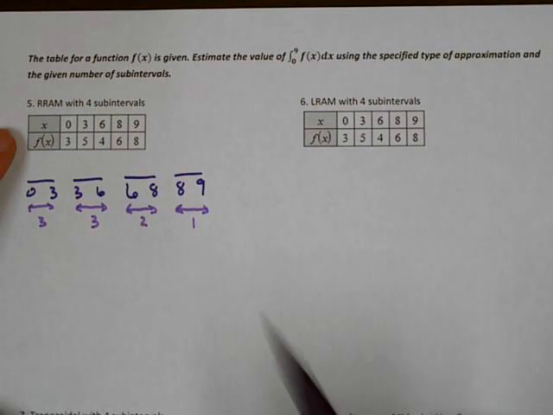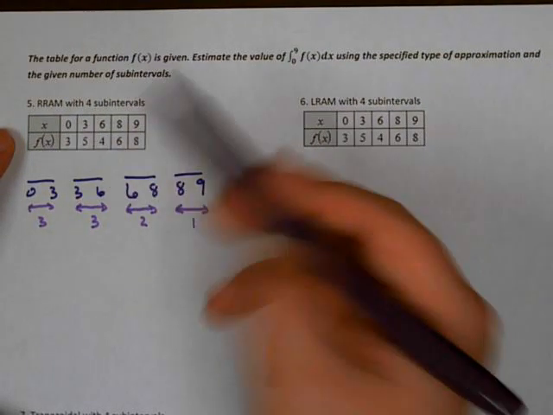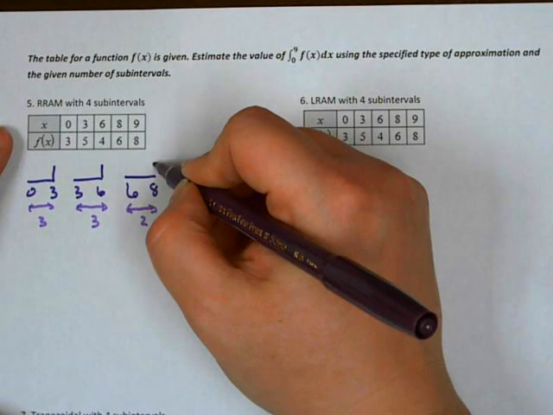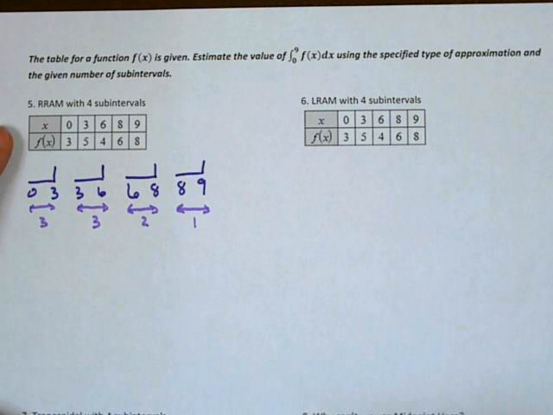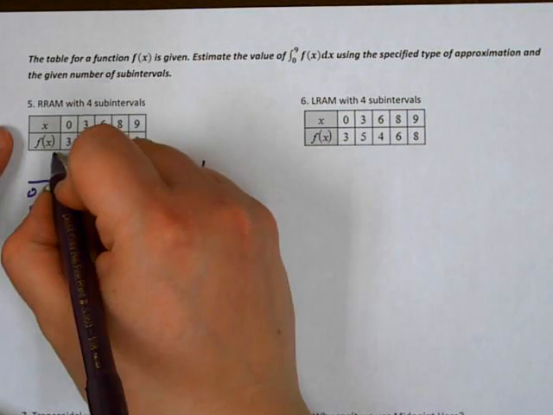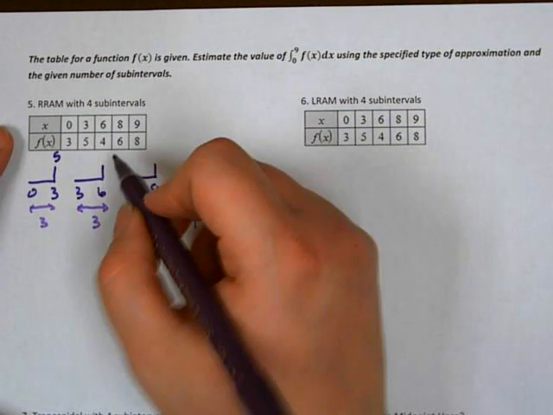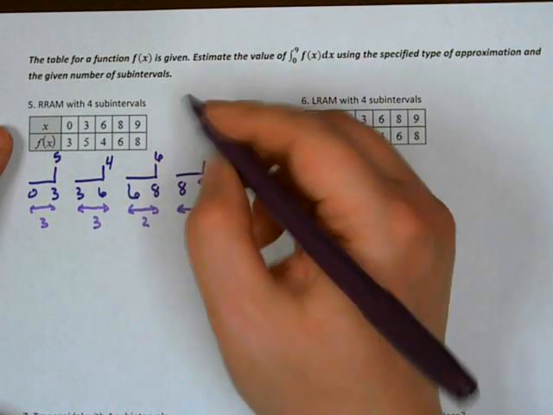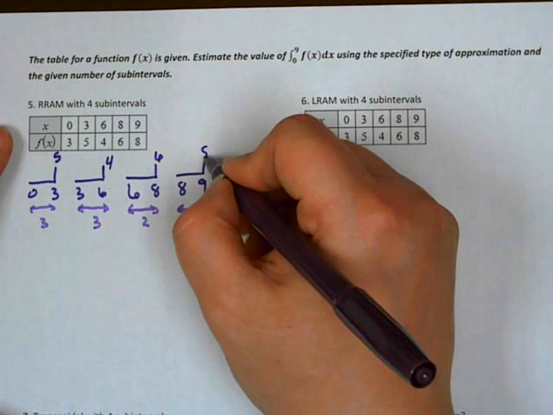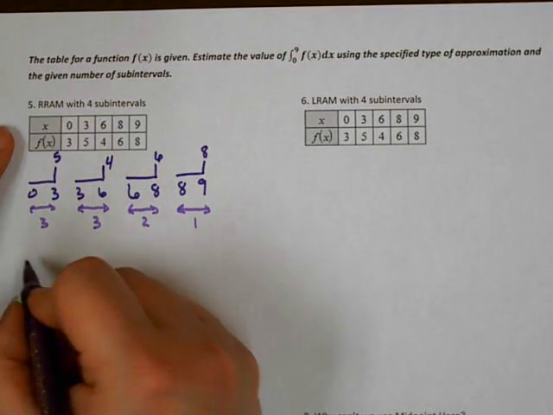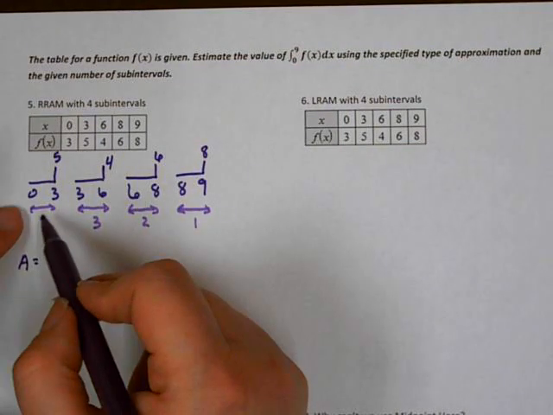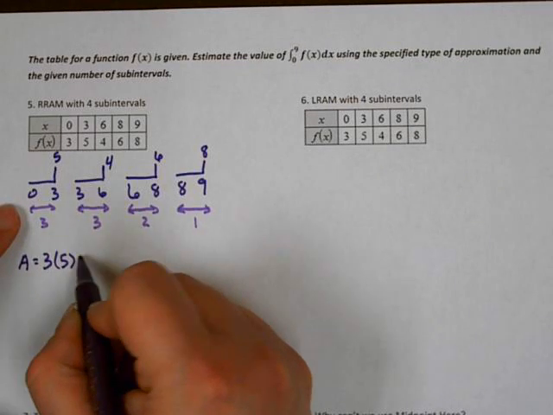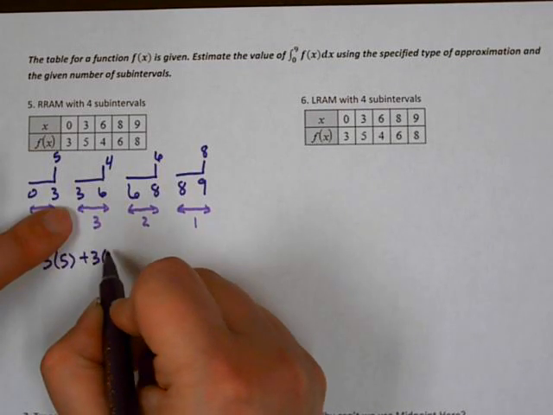Since it's an RRAM, I want the right endpoint, so I want the 3, the 6, the 8, and the 9. At 3, my height is 5, at 6 it's 4, at 8 it's 6, and at 9 it's 8. So I'm going to calculate that area. The width is 3 and the height is 5. The width is 3 and the height is 4.